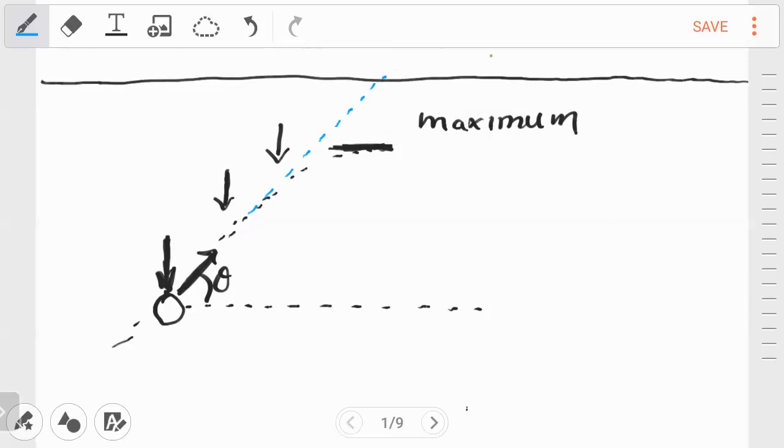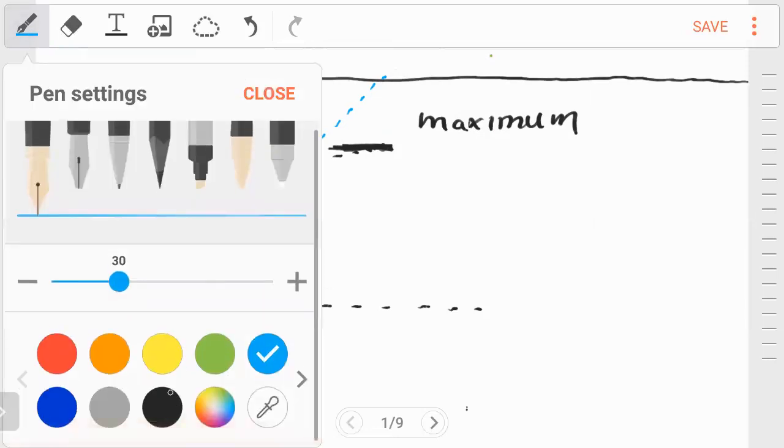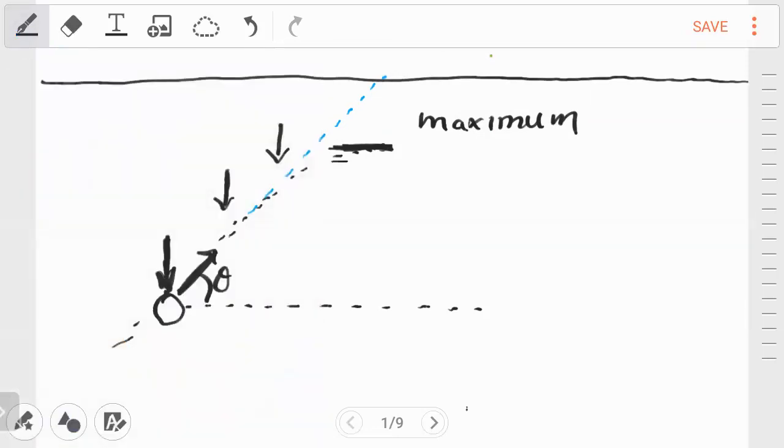Now, because of the presence of gravity, the object tends to reach a maximum height at which the velocity in the vertical becomes zero. And then after that, it starts to fall. Under what force? Again, it's the same gravity that is pushing the object down until the object strikes the ground.